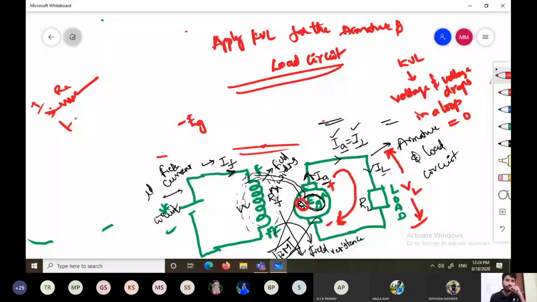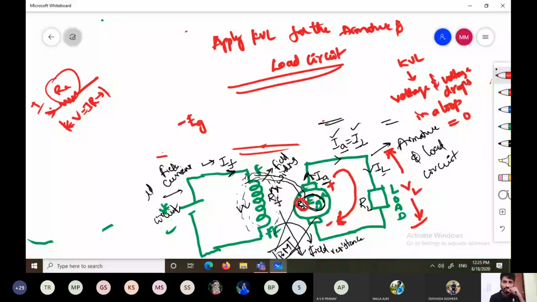So in the armature there is some resistance, which is called the armature resistance, represented as RA.